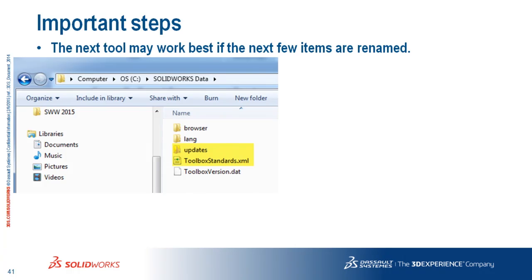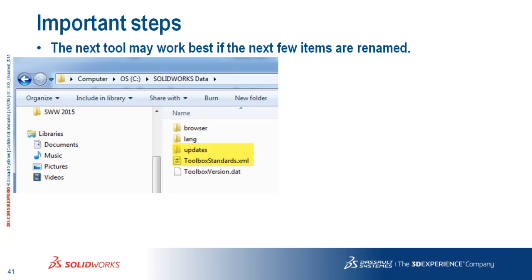Now, before the last tool, I found it best to do a little bit of renaming before you run the last tool. First off, you're going to rename these folders. The updates folder will be renamed. I typically just put old behind it. Updates space old. Fine, good enough. You'll also be renaming the Toolbox Standards XML file.